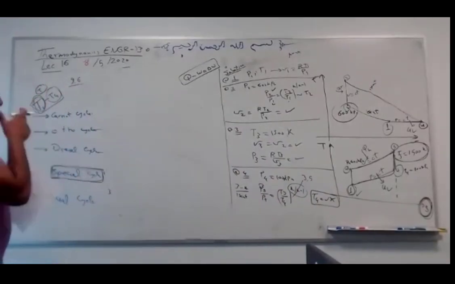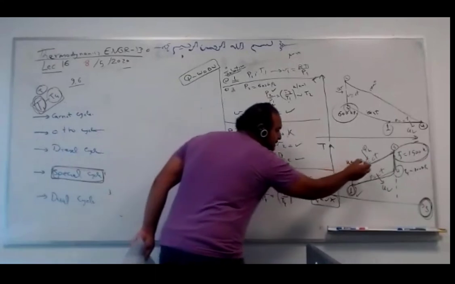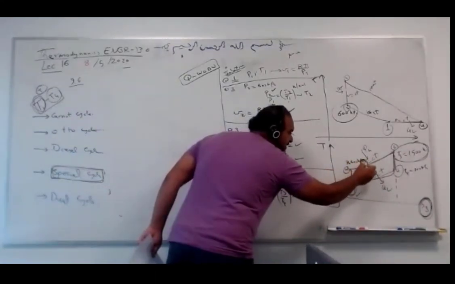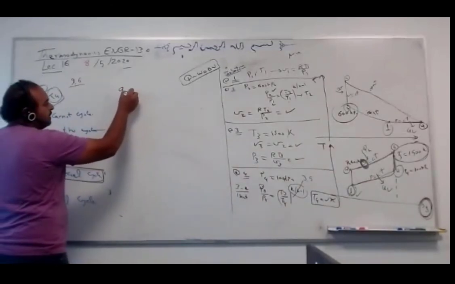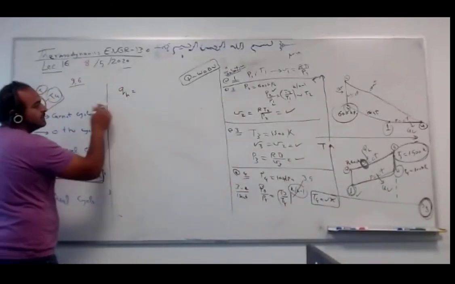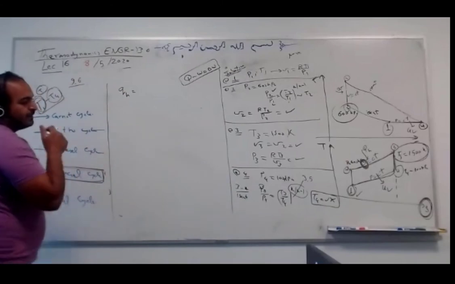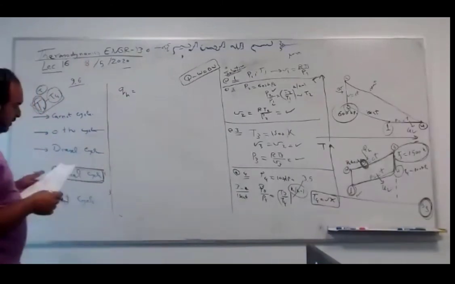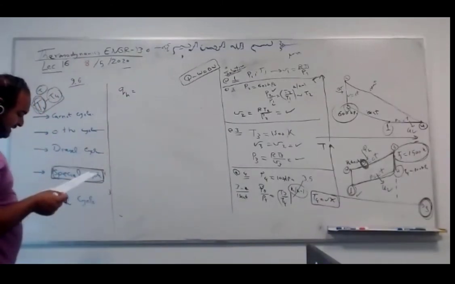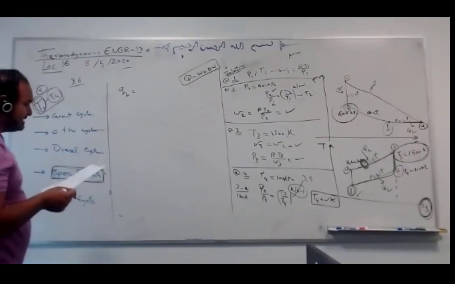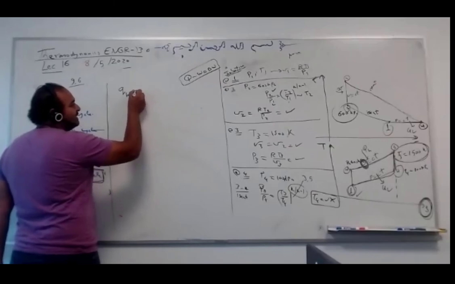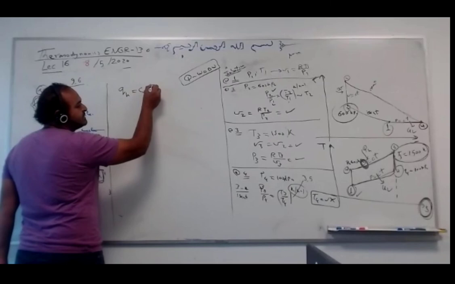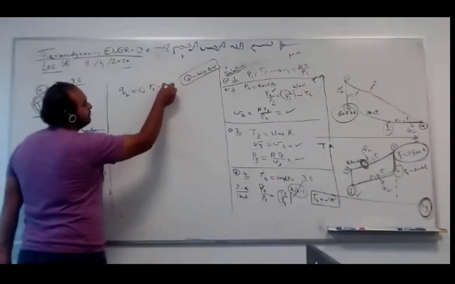Q high here is at constant what? Constant volume. So is it CP or CV? CV. Perfect. CV delta T, which is T3 minus T2.